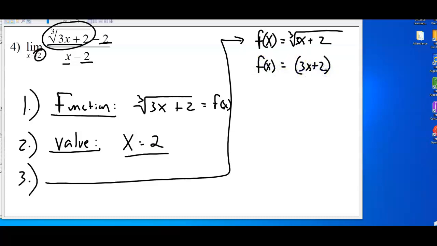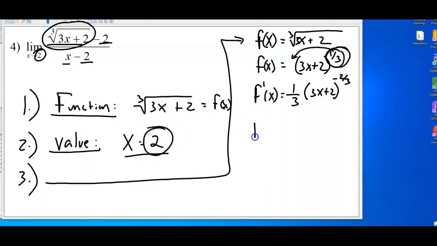We like to have them written as powers first. The next thing I'm going to do is find the derivative using the shortcut. That's where you take the power and you multiply it to the front, and then you subtract 1 from the power. So there's my derivative. And now I'm going to plug in 2.